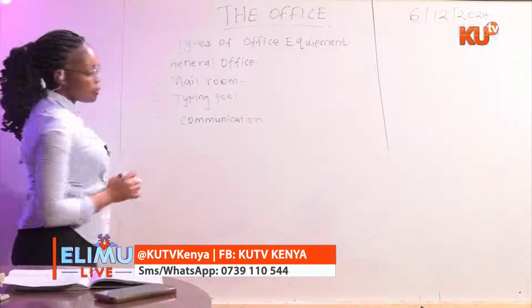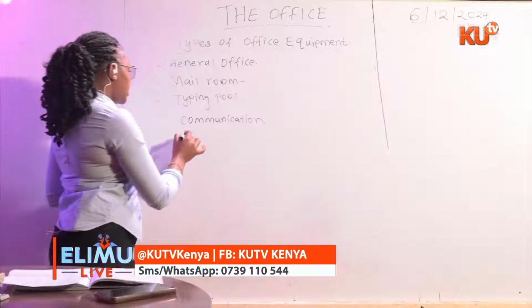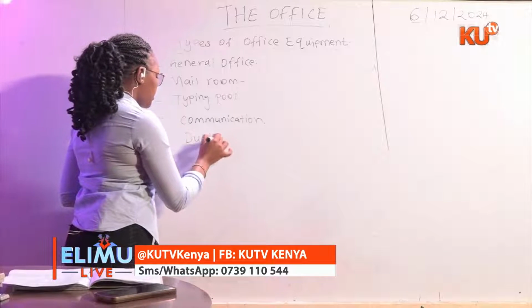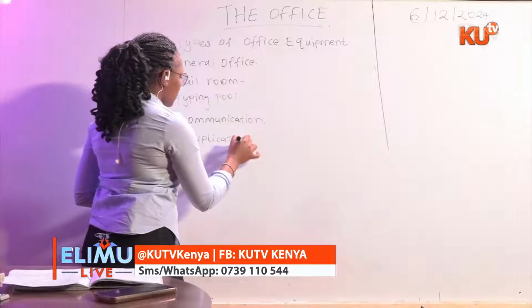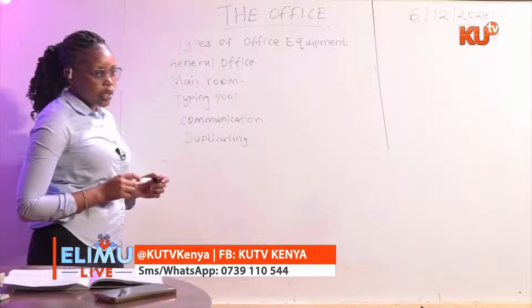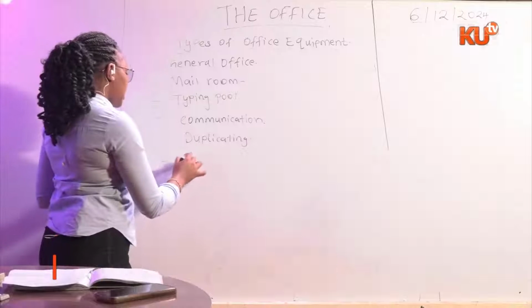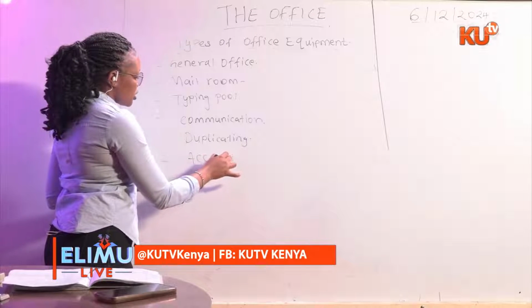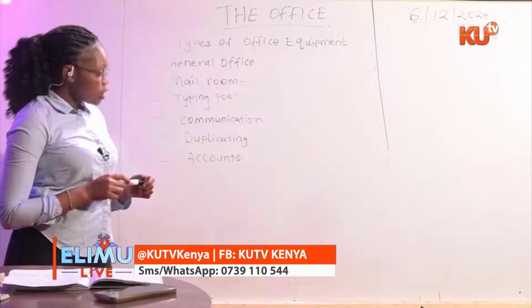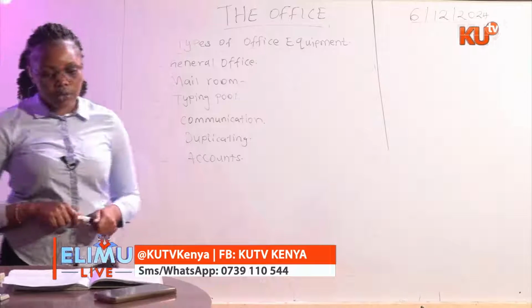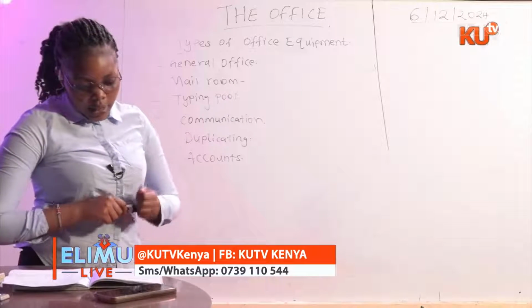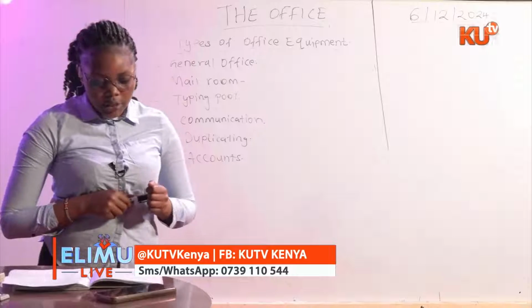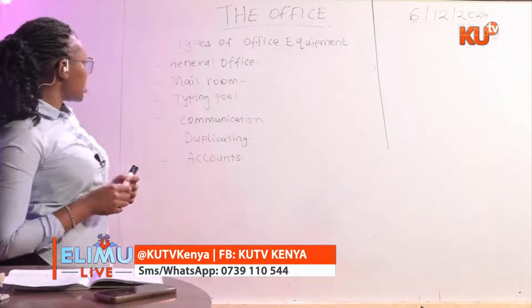There are also equipment that you find in duplicating. And also the equipment that we'll find in the accounts offices. In each of these categories, we are going to look at the type of equipment that you can find in those particular offices.